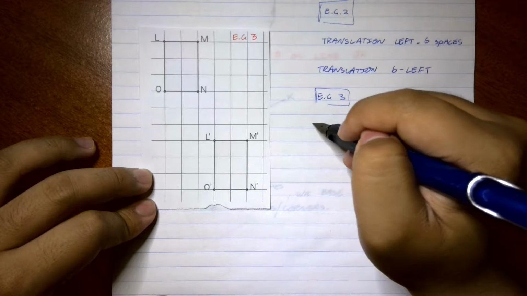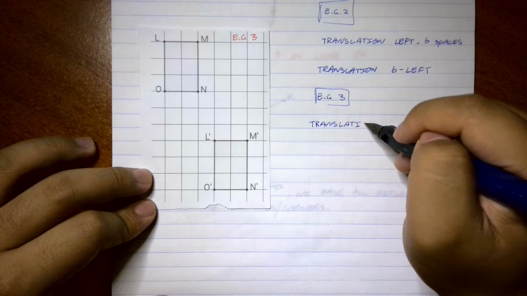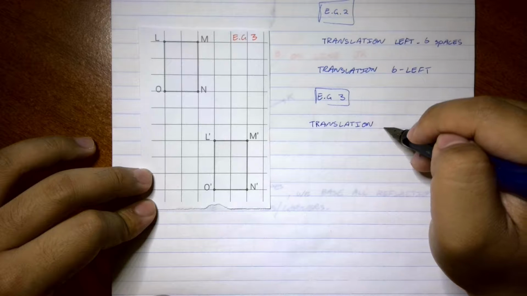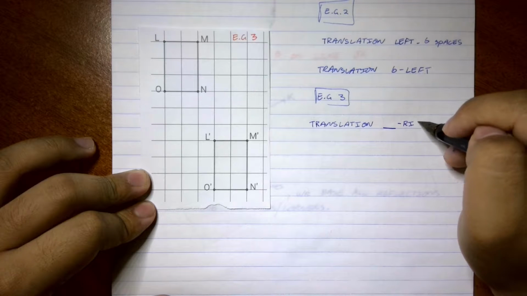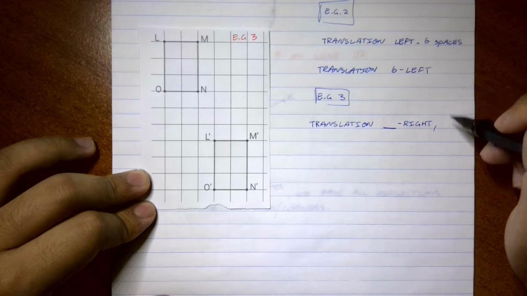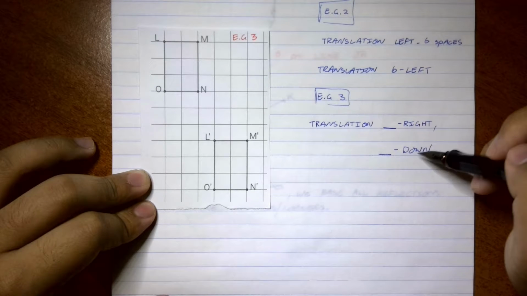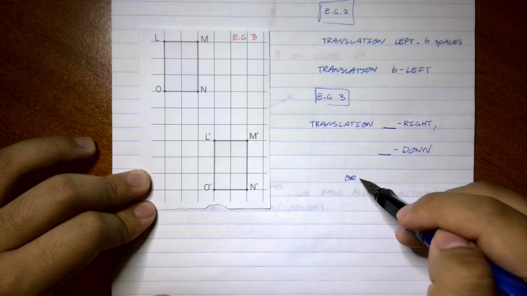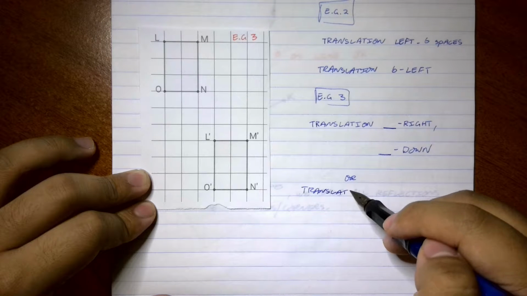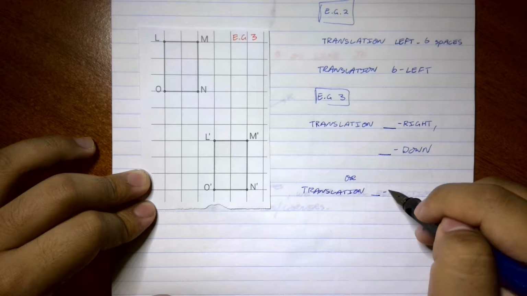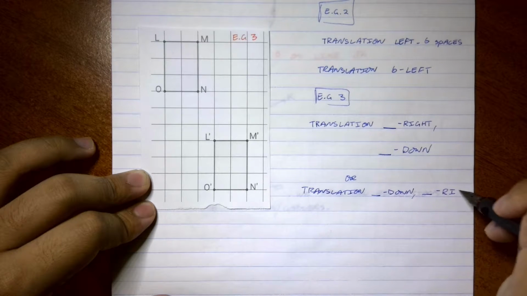So it's either going to be a translation some number to the right, and then some number down. Or it can be the other way around, a translation some number down and then some number right.